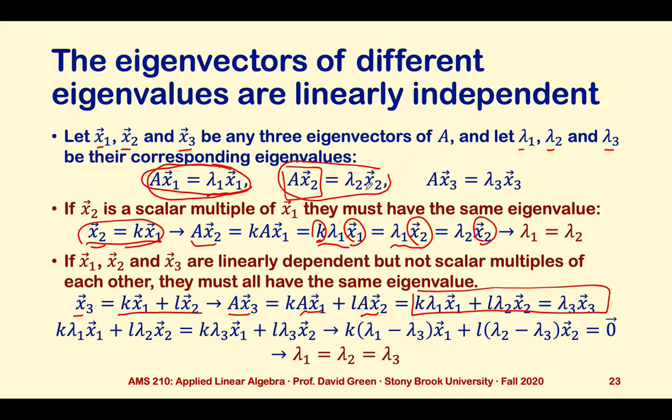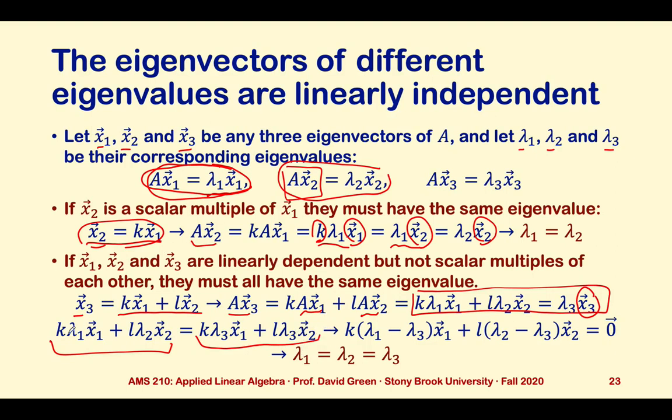However, we can equally expand A x3 as lambda 3 times the same linear combination, and that gives us the same left-hand side as in this equation, but a new right-hand side.